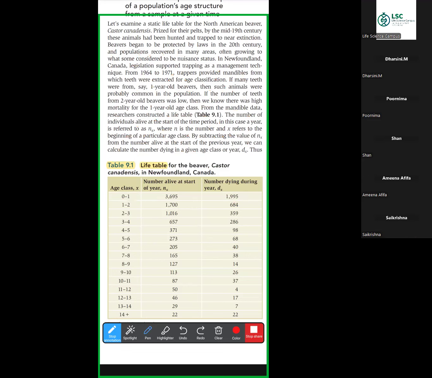Yes, ma'am. So now find out the number of dying individuals during the third age class, that is age class 2, or fourth age class. Try to find out the number of dying individuals in the fourth age class.